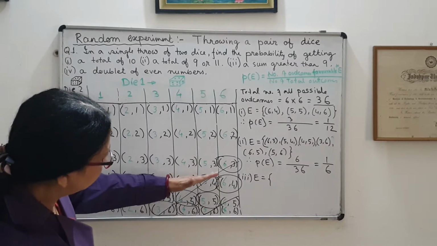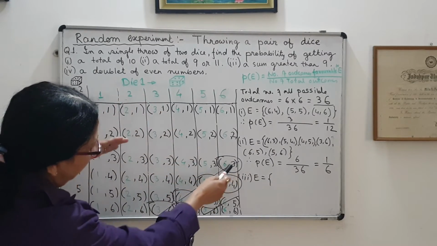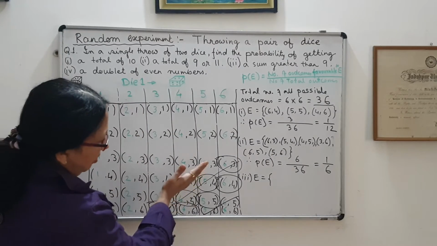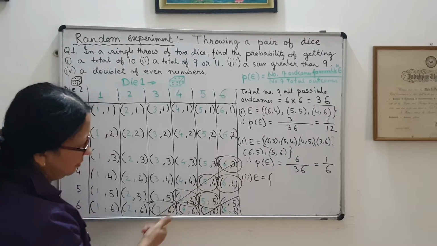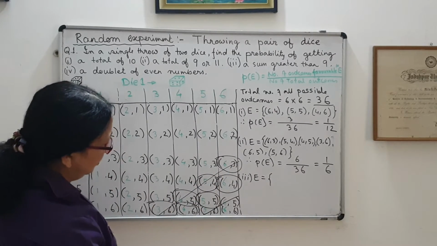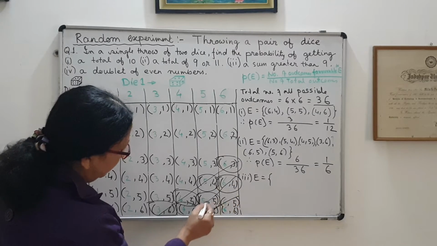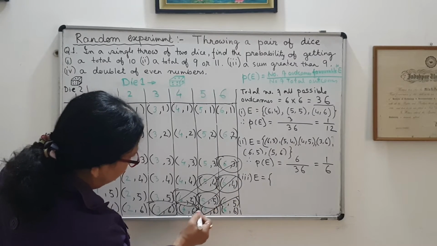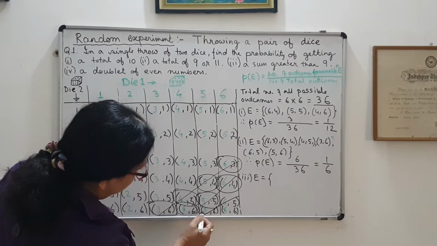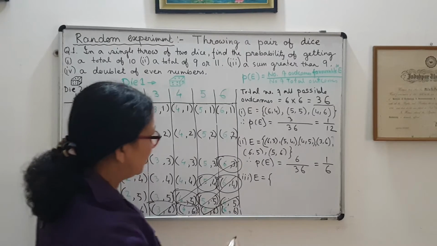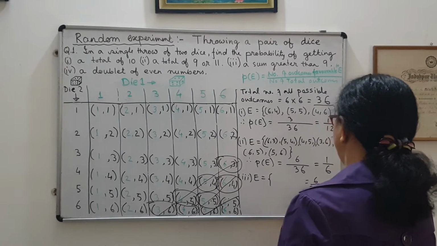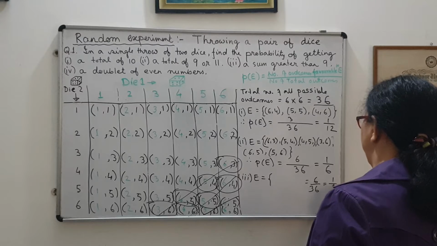So all the numbers on the left side of this line have a sum less than 9, and all the numbers on the right side of this line have a sum greater than 9. So how many are greater than 9? These diagonals: 1, 2, 3, 4, 5, 6. 6 elements are there. So it is 6 by 36, so it is also 1 by 6.